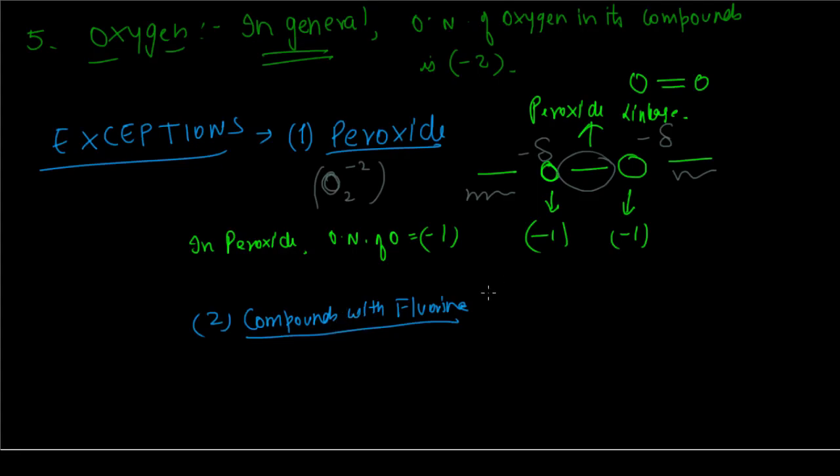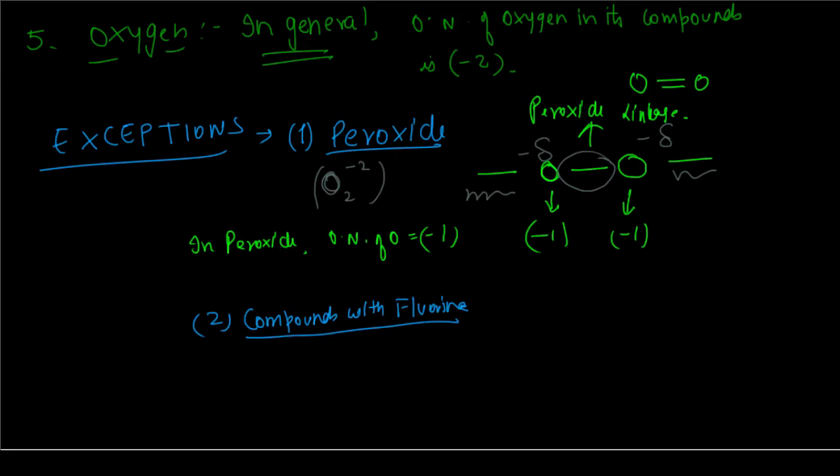So if you find a molecule containing fluorine and oxygen only, fluorine will get the partial negative charge and oxygen will exhibit partial positive charge, despite being the second most electronegative element in the periodic table. But why does it exhibit a positive oxidation number? It's because fluorine will dominate in its electronegative character.